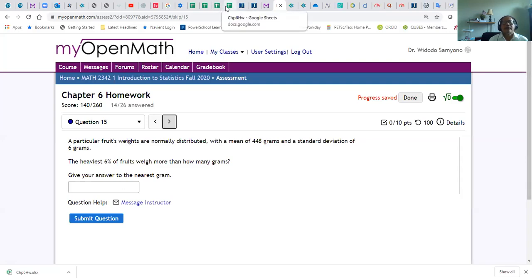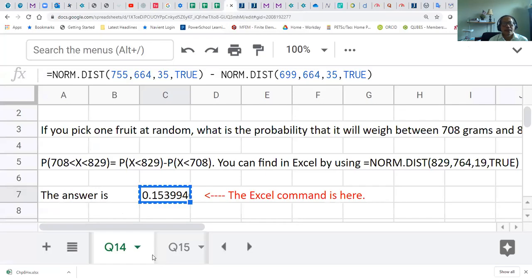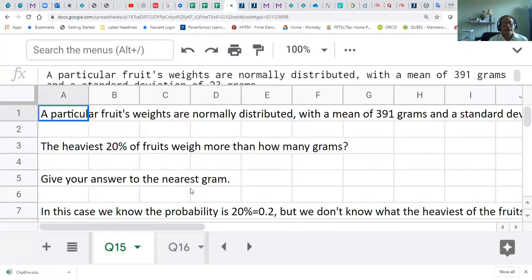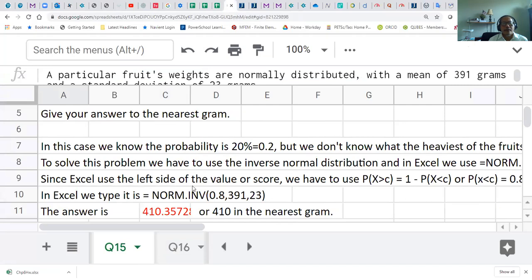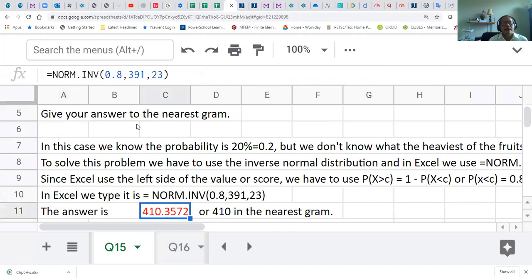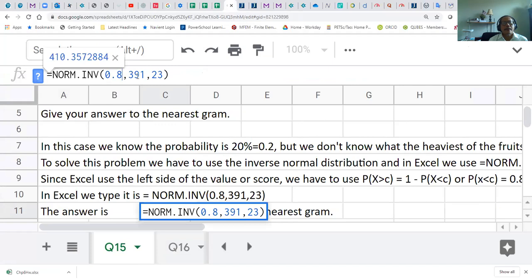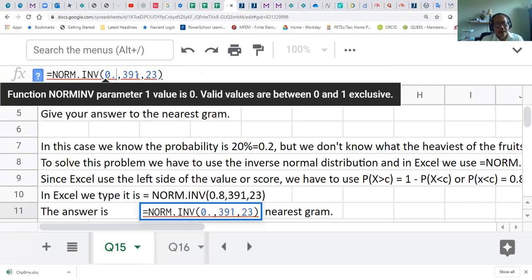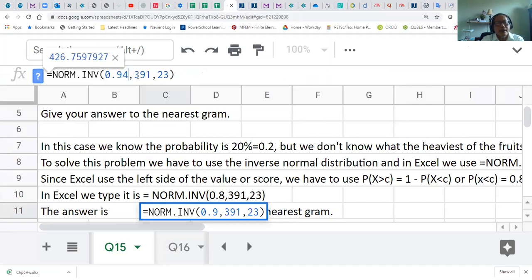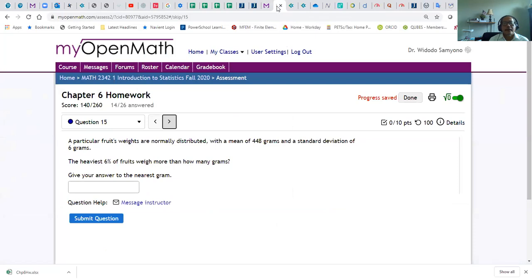So you need to go to number 15 and put 0.94, because you have 6%. And what is the mean? The mean is 448.